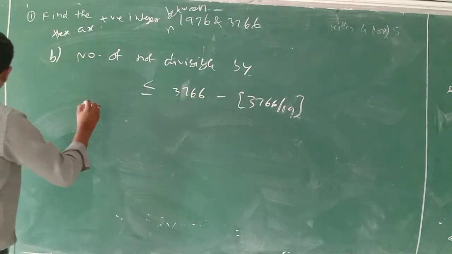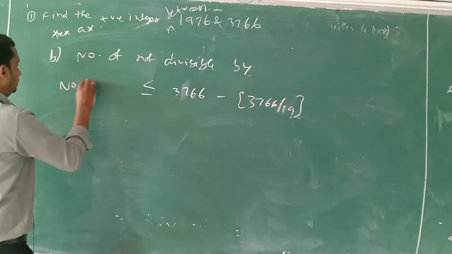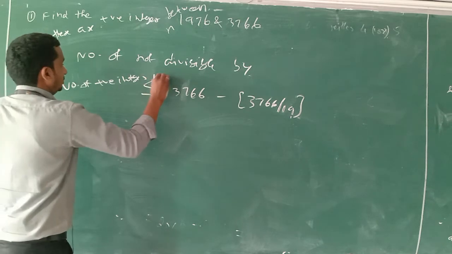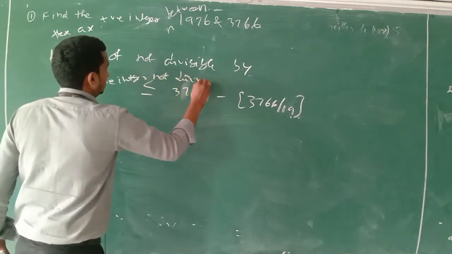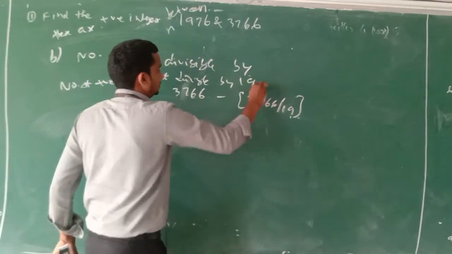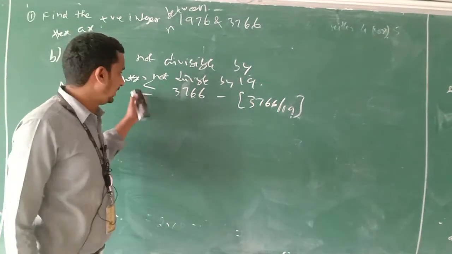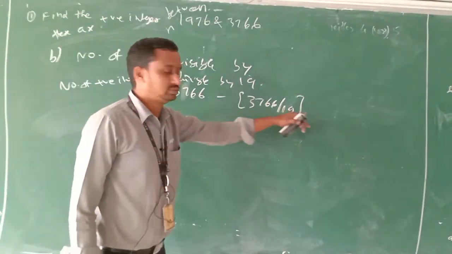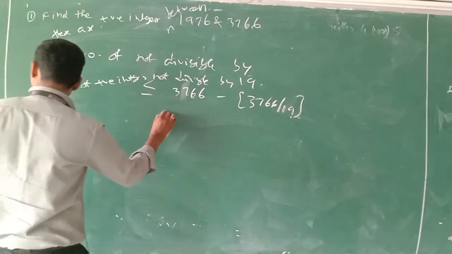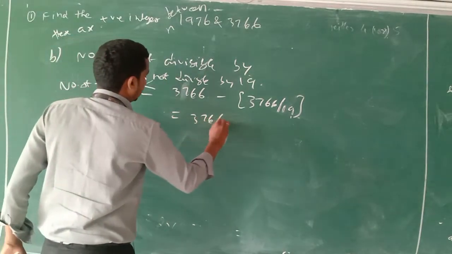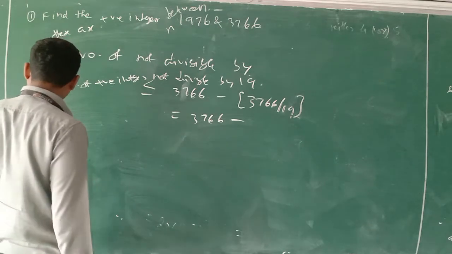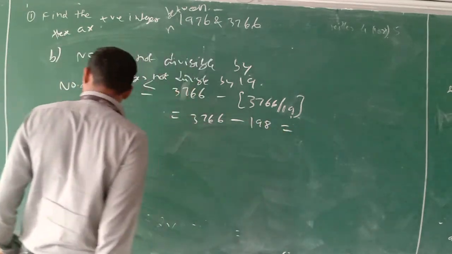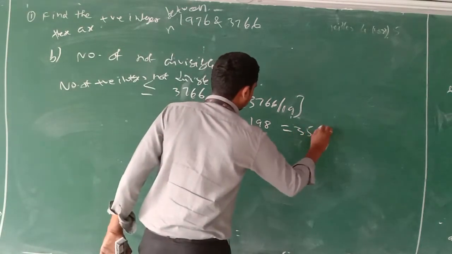Number of positive integers not divisible by 19, first one. Between the ranges, less than or equal to 3076, so the maximum value is 3076. Dividing by 19, we get 3076 minus 161, and the answer is 2915.